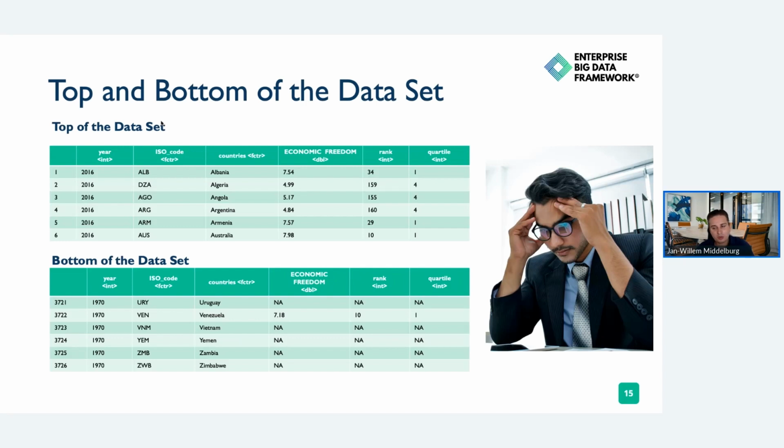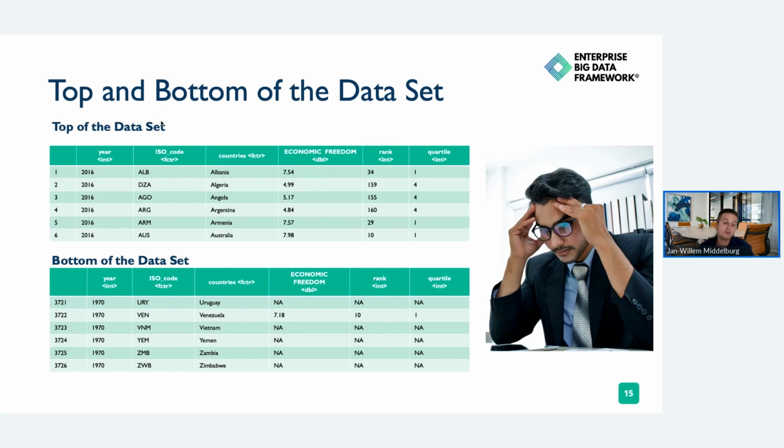It's always important to look both at the top as well as the bottom. And the reason for that is, as I can show you right here on the slide, if you would look at the first few rows immediately, it might well look as if there is nothing wrong or there's nothing missing within the data set. All the values are there, everything is measurable, so it looks like there's no issues with this data set at all.